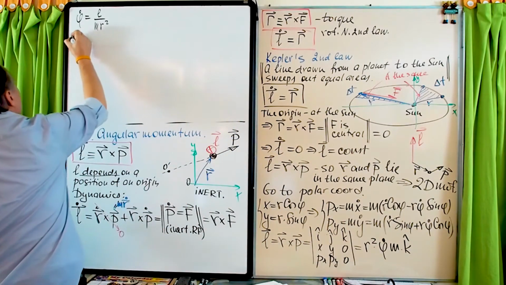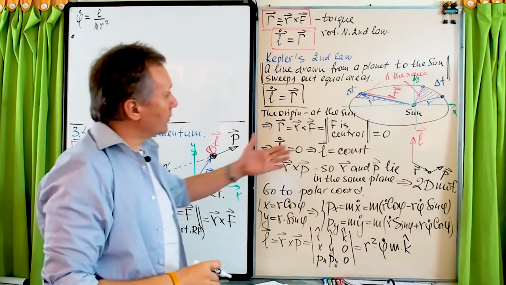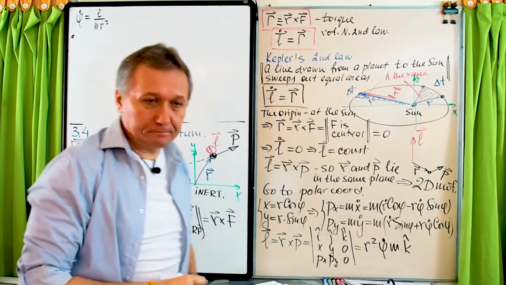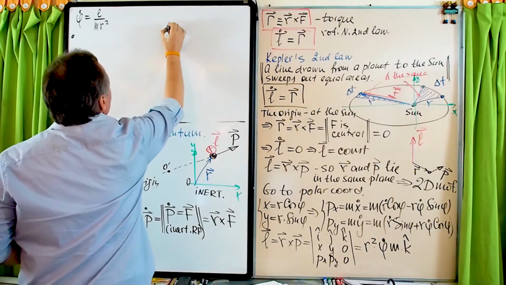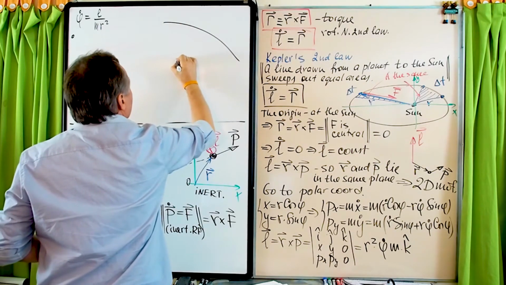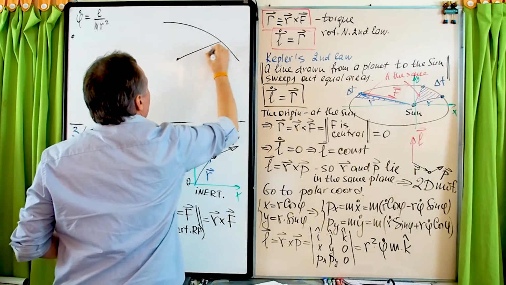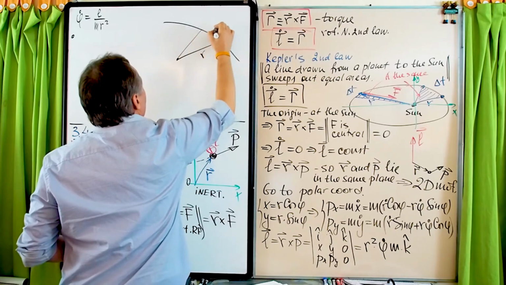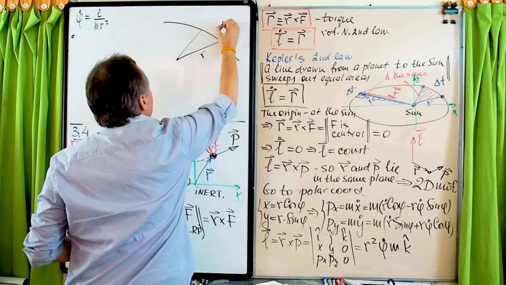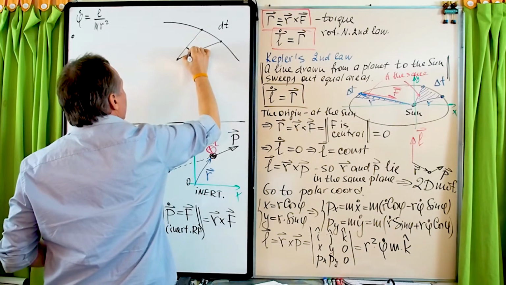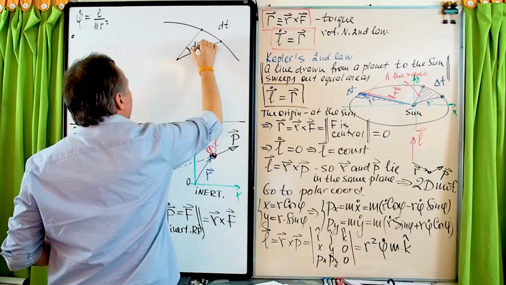And now let's look at, for example, this part of the trajectory. So I will draw it here. Let's say this is our trajectory. All right, so this is R, then over the period of time dt the planet moves from this point to that point, and of course this will be d phi.